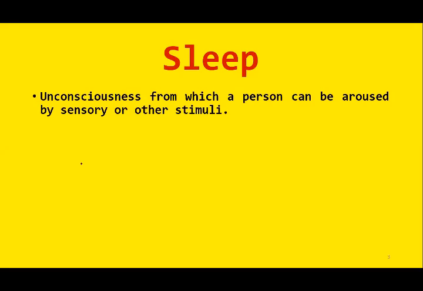So one way of defining sleep is unconsciousness from which a person can be aroused. The thing to note is the state of unconsciousness from which one can be aroused by either sensory stimuli or any other stimuli. So this is the difference between sleep and coma.